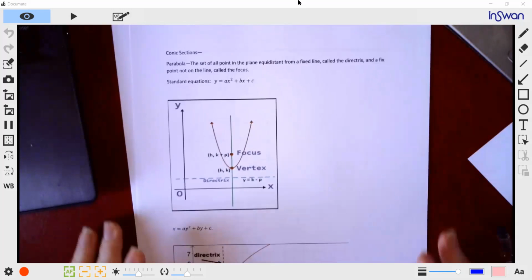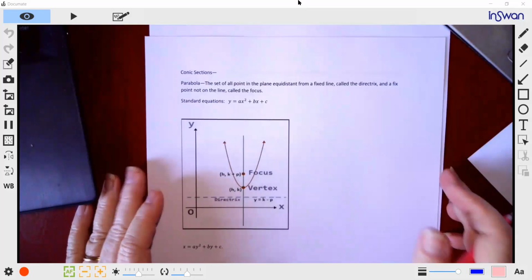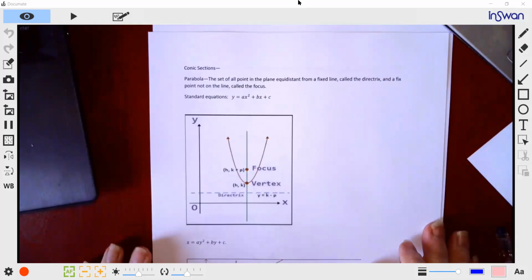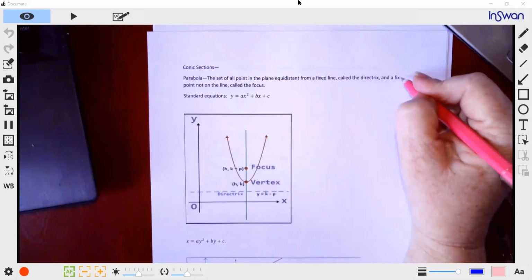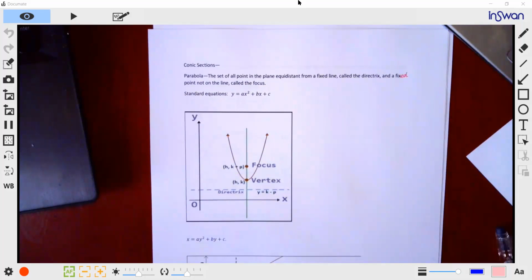For Calculus 2, the definition of a parabola is the set of all points in the plane that are equidistant from a fixed line called the directrix and a fixed point that's not on the line, and that's called the focus.